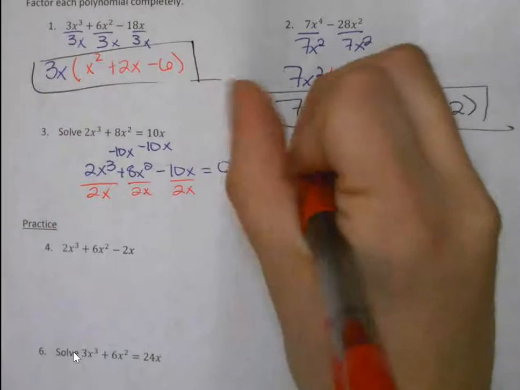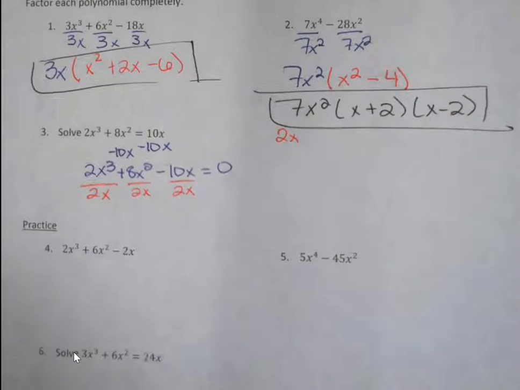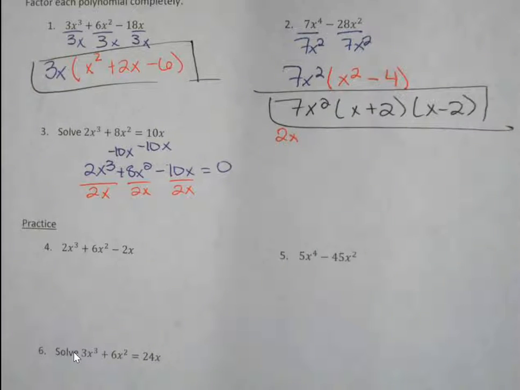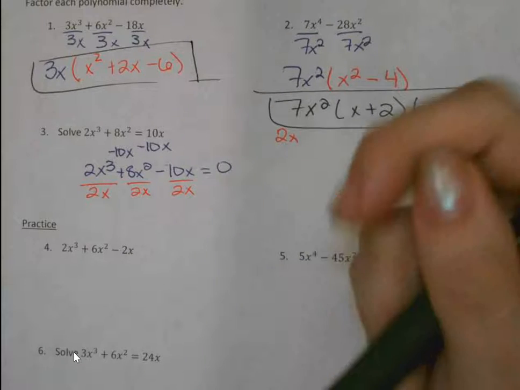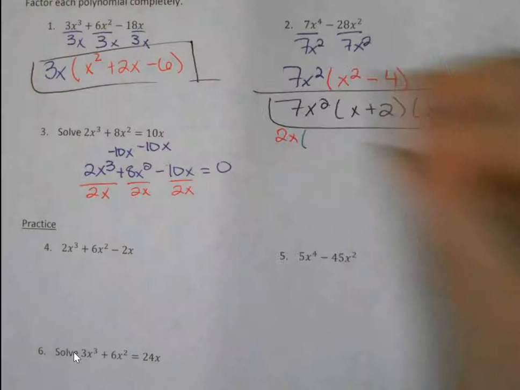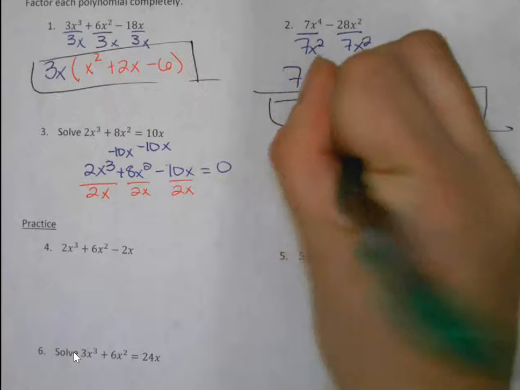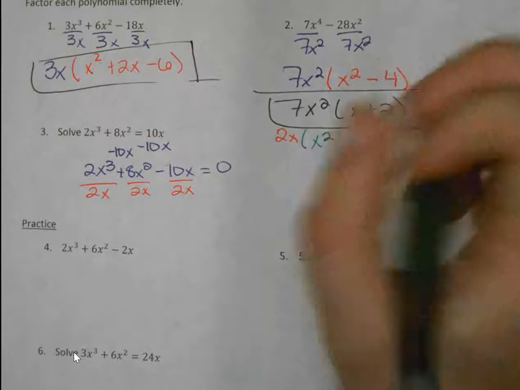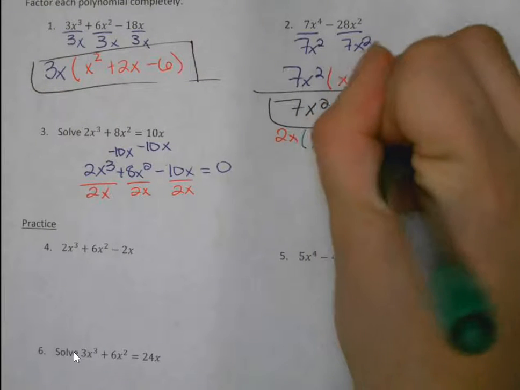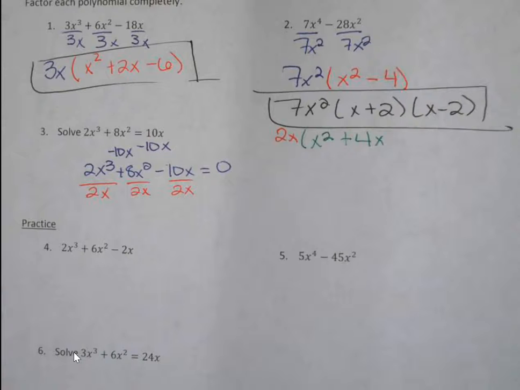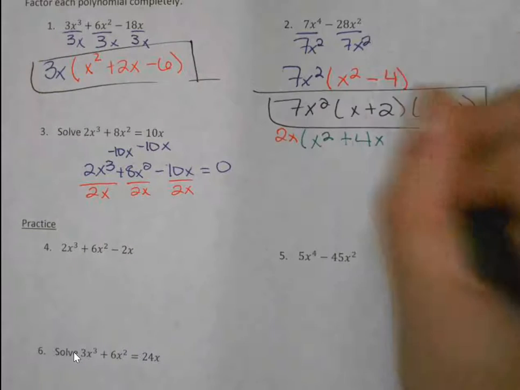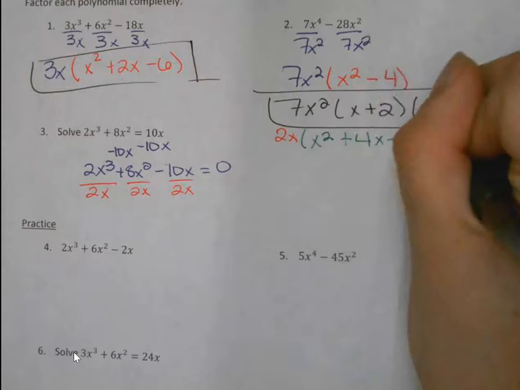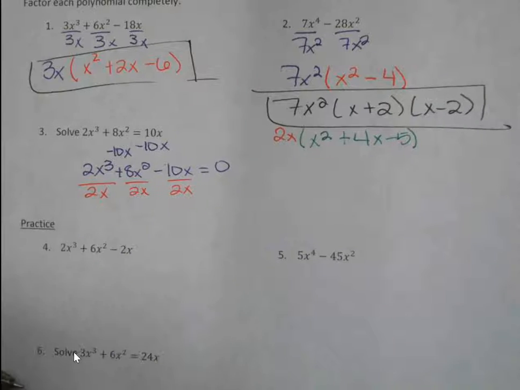Okay, so I'm going to write 2x out front, and then what I get from dividing on the inside. So 2x cubed divided by 2x is x squared. 8x squared divided by 2x, 4x. Negative 10x divided by 2x, negative 5, and then this still equals 0.